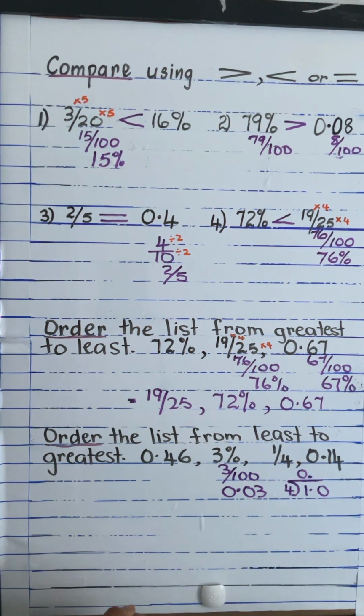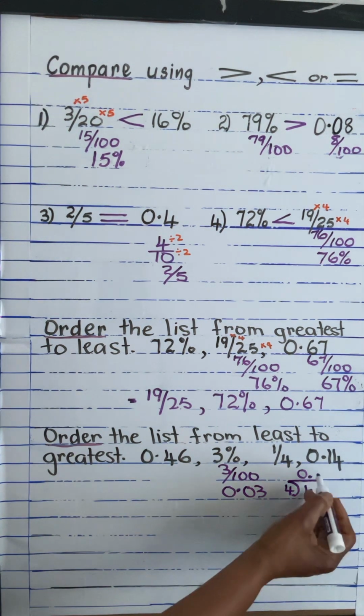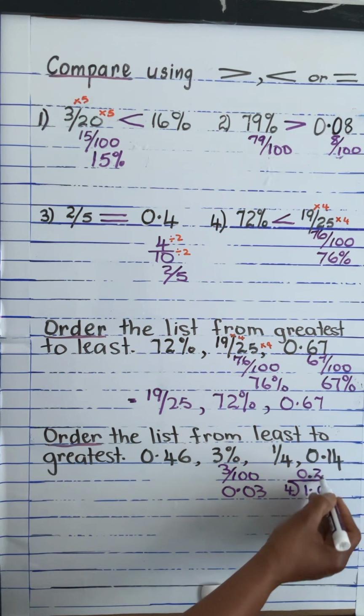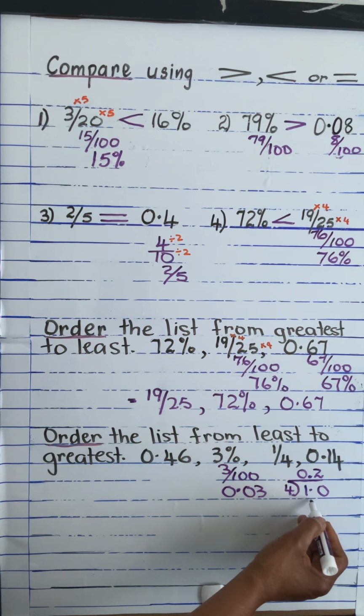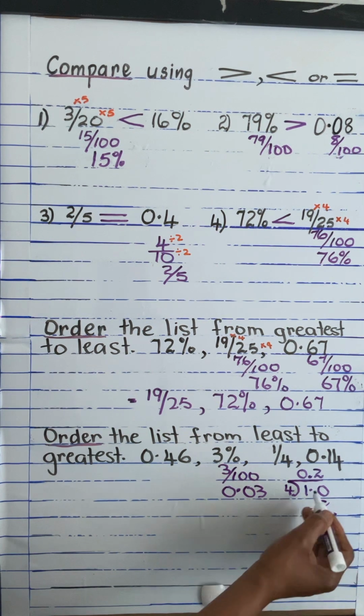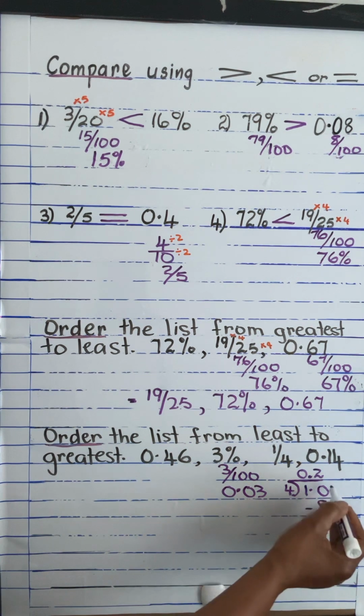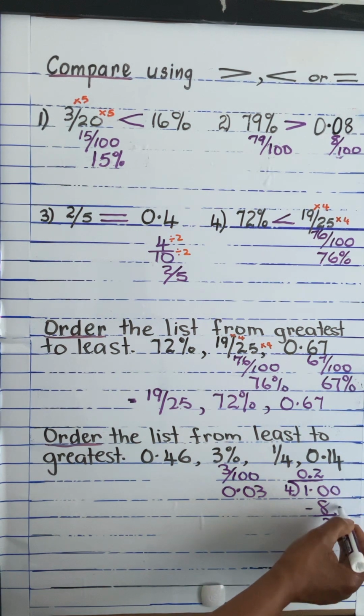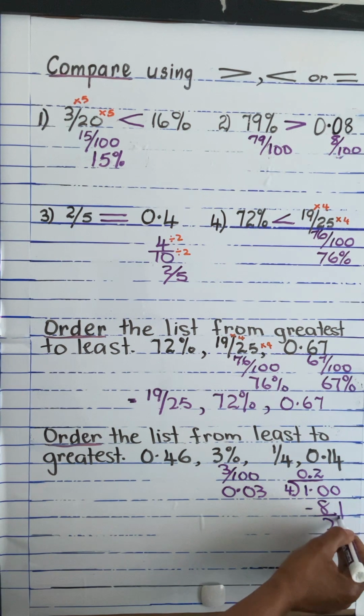How many times can 4 go into 10? 2 times. That is 4 times 2, 8. Then we subtract and add another 0 and bring it down.